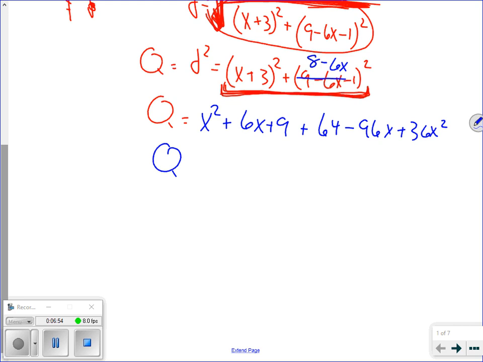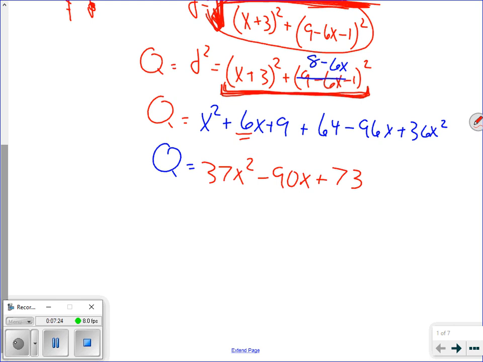And then lastly, Q equals 37x squared, minus 90x, plus 73-ish, I believe.